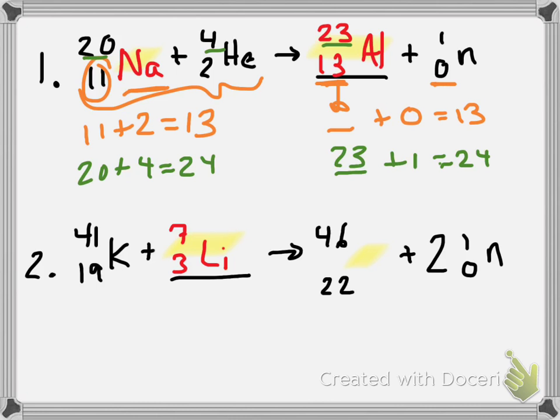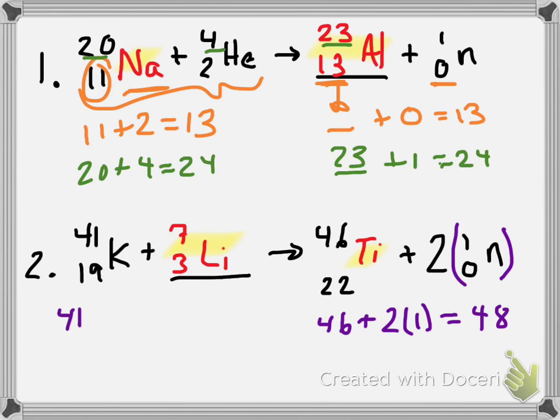For number 2, I'm going to start by filling in that one that I skipped. So I find 22 on the periodic table, and that is titanium, so that's Ti. Now I'm going to start with the right side of my equation, and I'm going to start with the masses this time. So 46 plus 2 times 1, I have 2 neutrons, so that means the total mass is 2, equals 48. 41 plus blank equals 48.